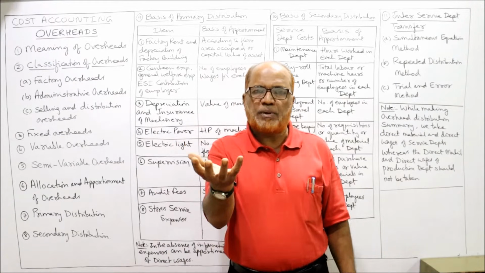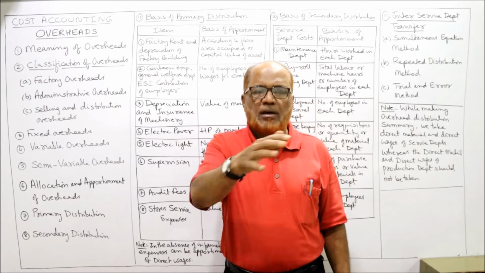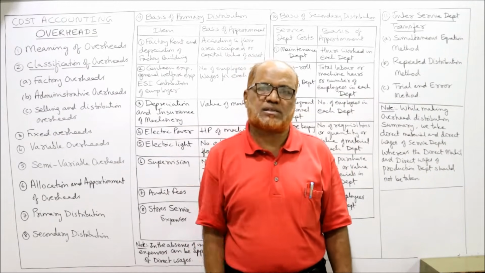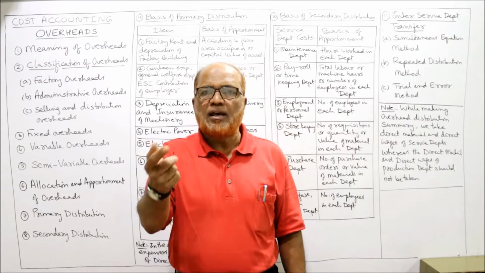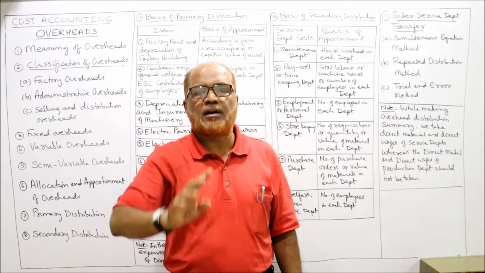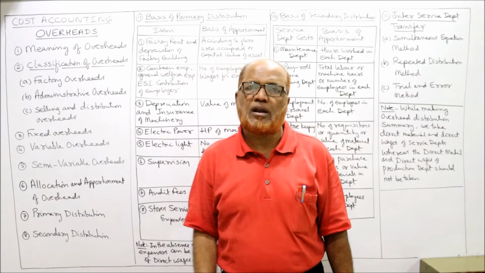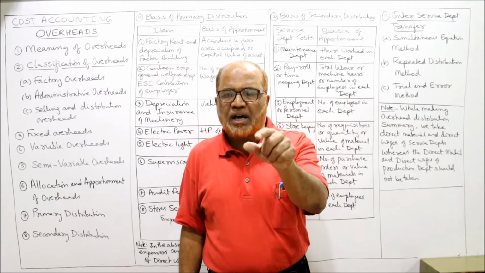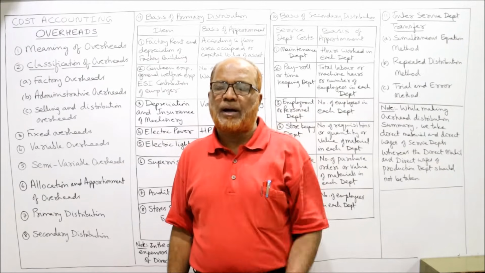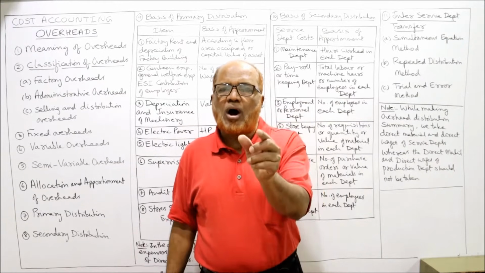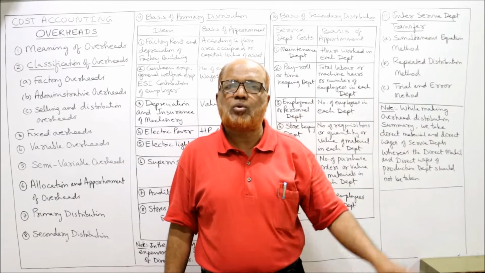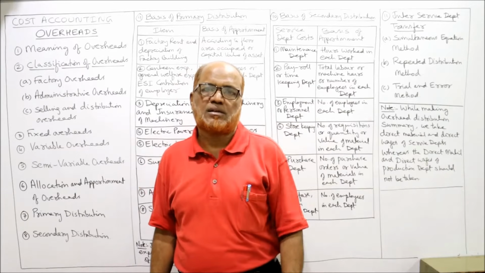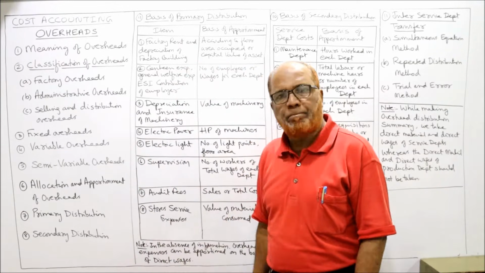So there is a common expenditure which is not in one department but has to be distributed among several departments on a suitable basis. Taking some basis and distributing over all the departments, that is called apportionment. So allocation is specifically charging of overhead to a particular department. Apportionment: a common expenditure should be distributed among different departments on some suitable basis. That is the difference between allocation and apportionment.